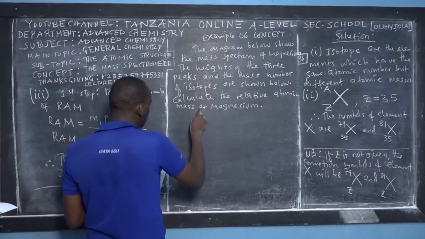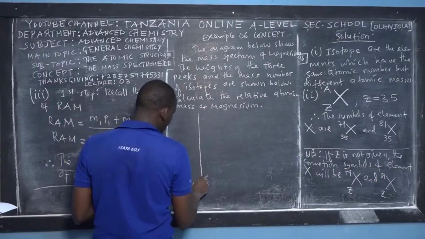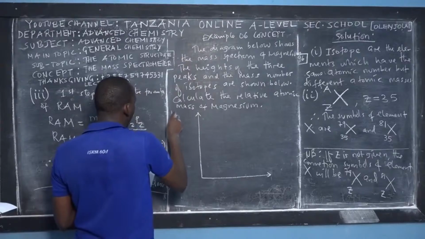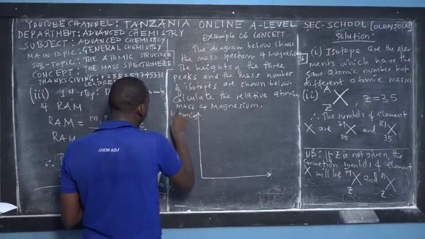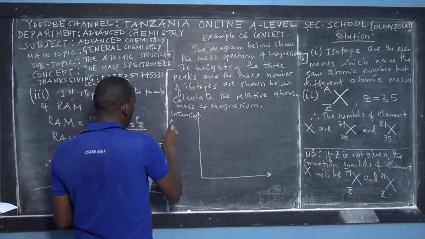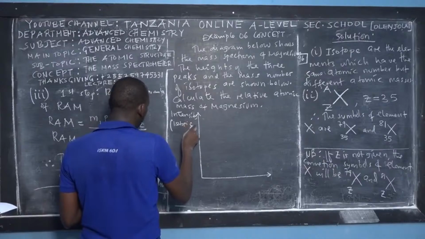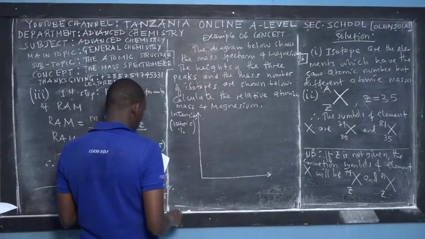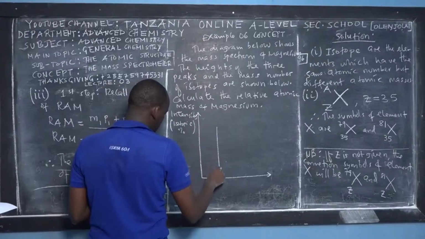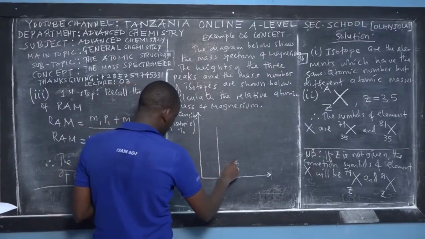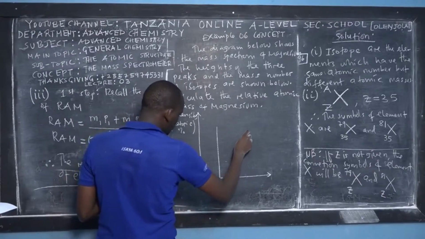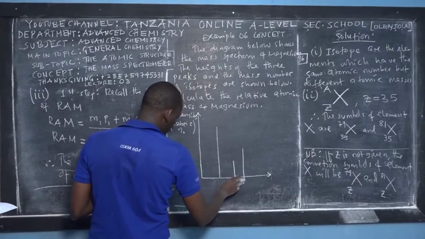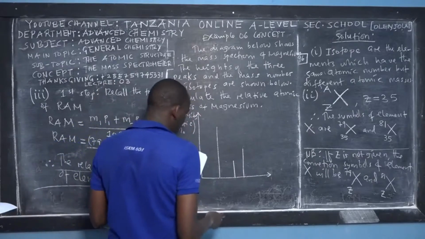So we have our mass spectrum. Intensity, or we call it isotopic percentage. This is mass number.